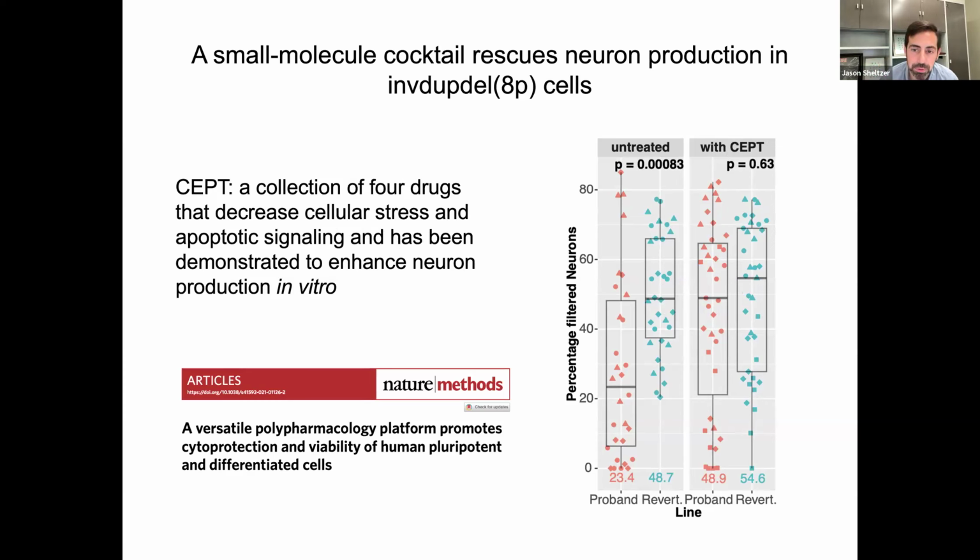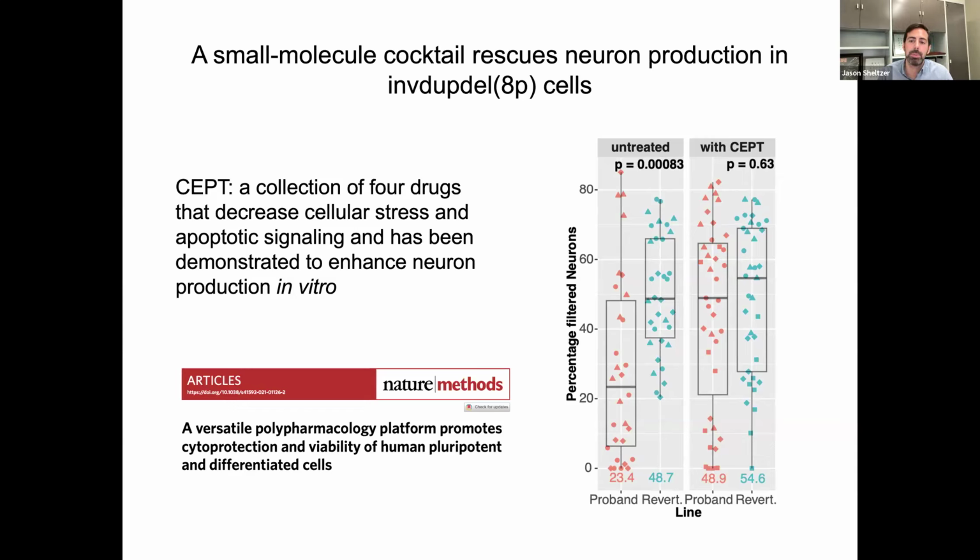And so I think this is proof of principle, first, that cell stress and apoptosis is contributing to the poor production of neurons from the cells with the inversion duplication deletion of 8p.